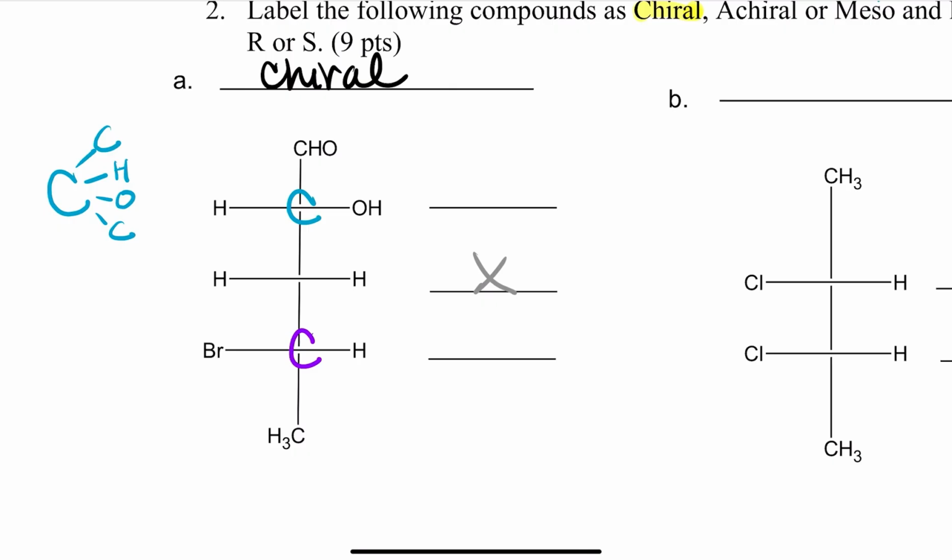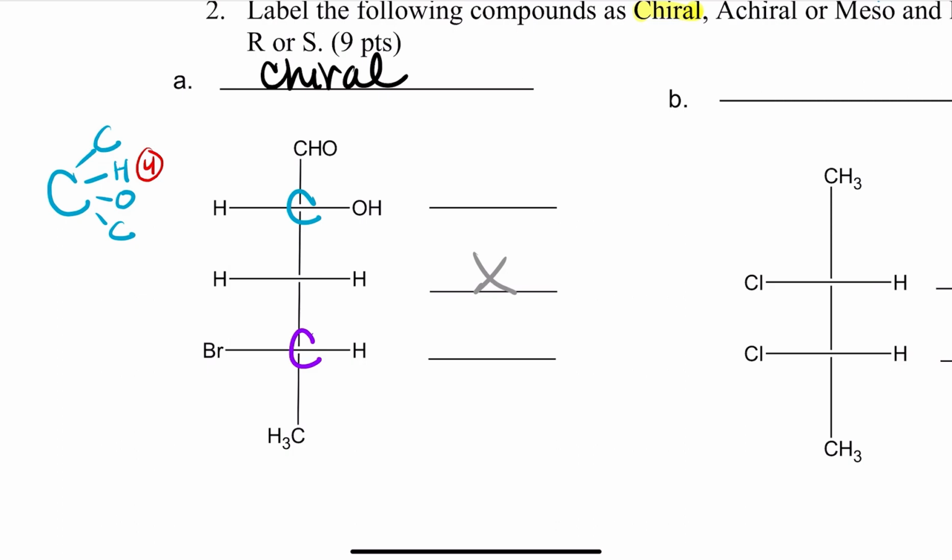So now we have to give each one of these elements a priority number, and hydrogen is always 4. It's always 4 because it always has the least priority. We're not going to be able to determine yet for these because they're the same, but it's based off of the number of protons and electrons.